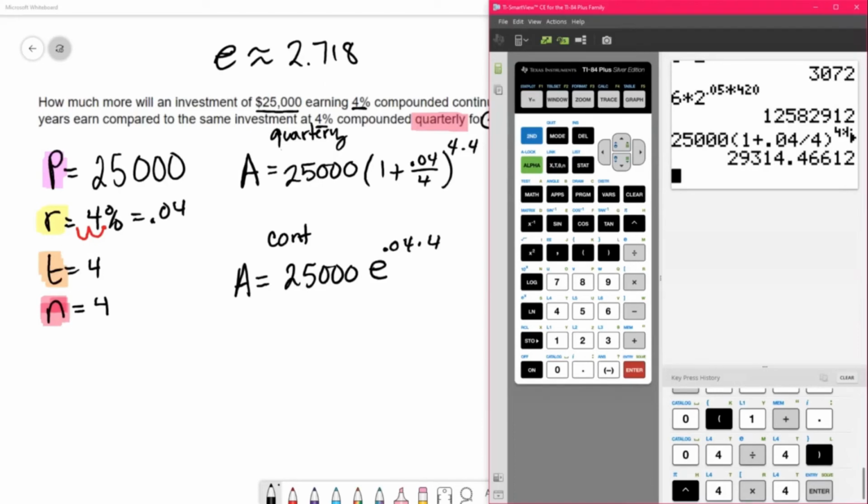That investment would pay $29,314, and rounding to the nearest cent, that's 47 cents. So $29,314.47.